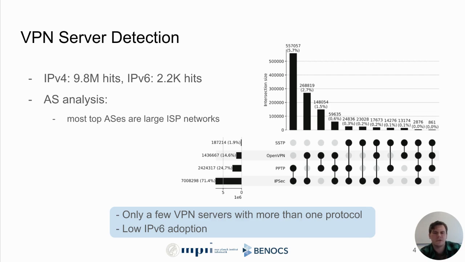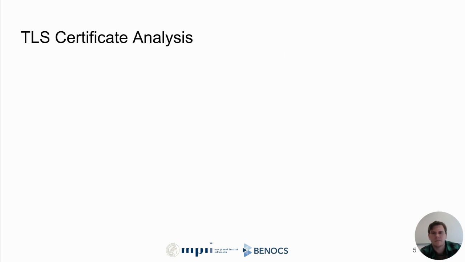Since the primary purpose of VPN servers is secure communication, we conducted a follow-up TLS analysis to try and make assumptions on the security of the servers that are based on TLS, including OpenVPN over TCP and SSTP.